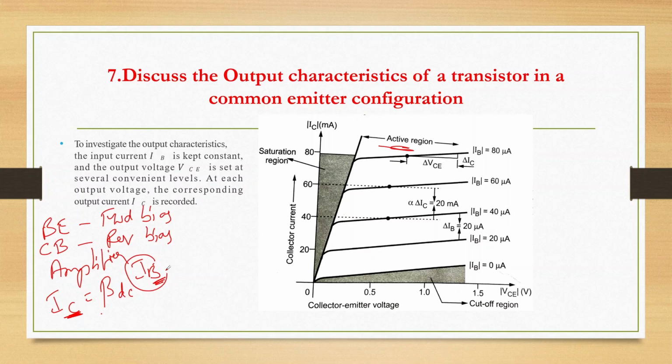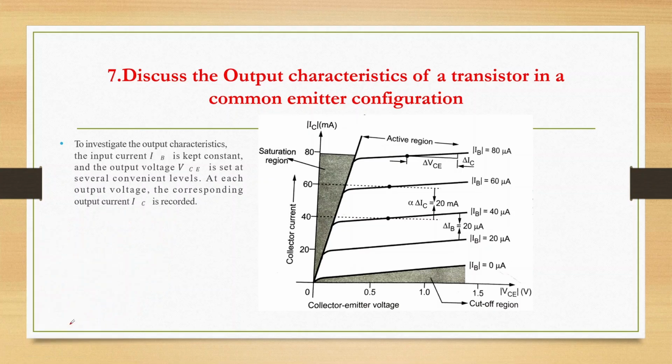There is a small change in the input current which leads to a large change in the output current. Hence in this region the transistor acts as an amplifier, and this is the gain factor. This much has been amplified this many times, so it acts as an amplifier in this active region.